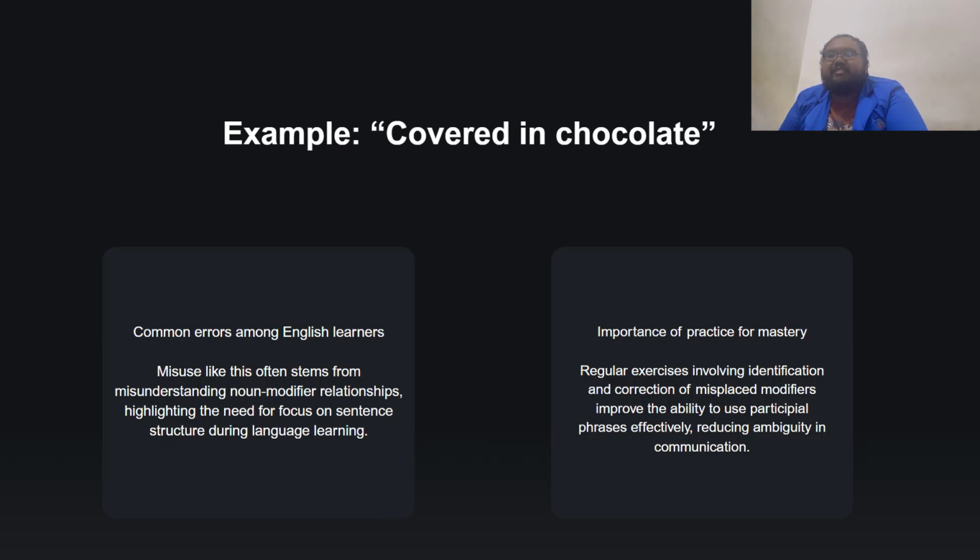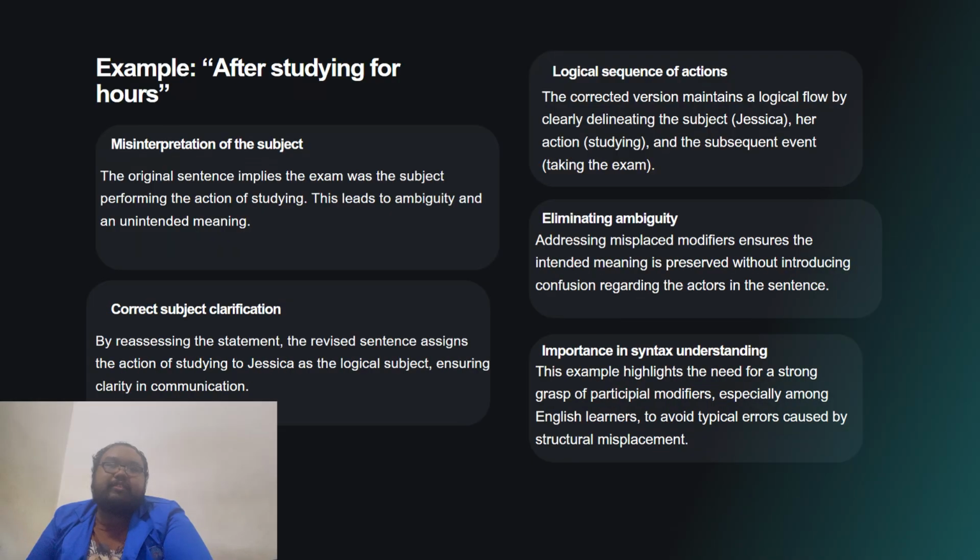Misuse like this often stems from misunderstanding noun-modifier relationships, highlighting the need for focus on sentence structure during language learning. Now, importance of practice for mastery. Regular exercise involving identification and correction of misplaced modifiers improves the ability to use participial phrases effectively, reducing ambiguity in communication.